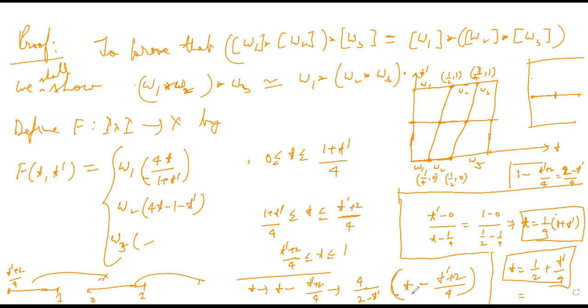So what is this basically? This is 4t minus t prime minus 2. So the base, we have (4t minus 2 minus t prime) upon 4, upon 2 minus t prime.